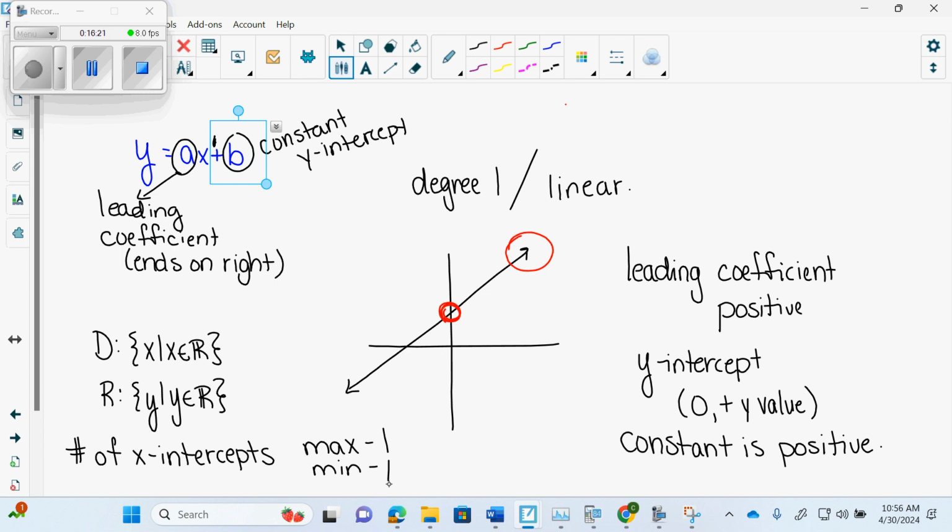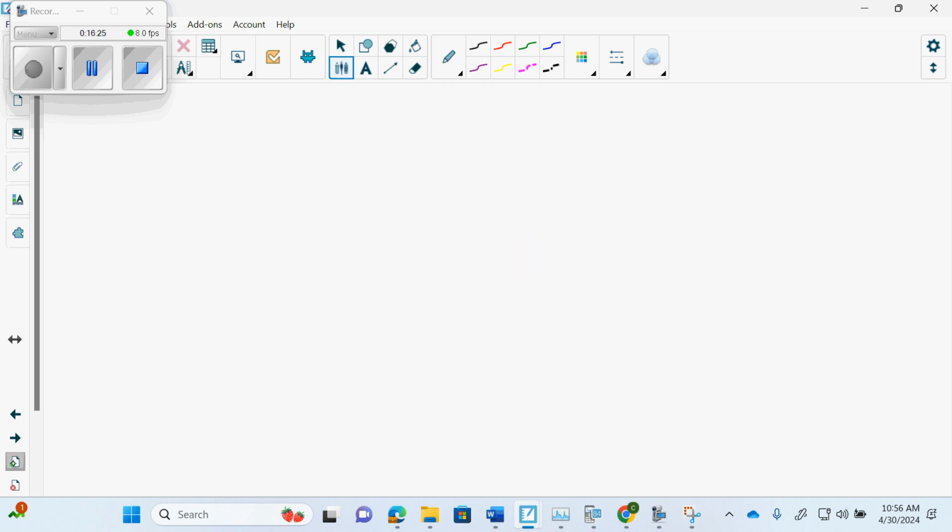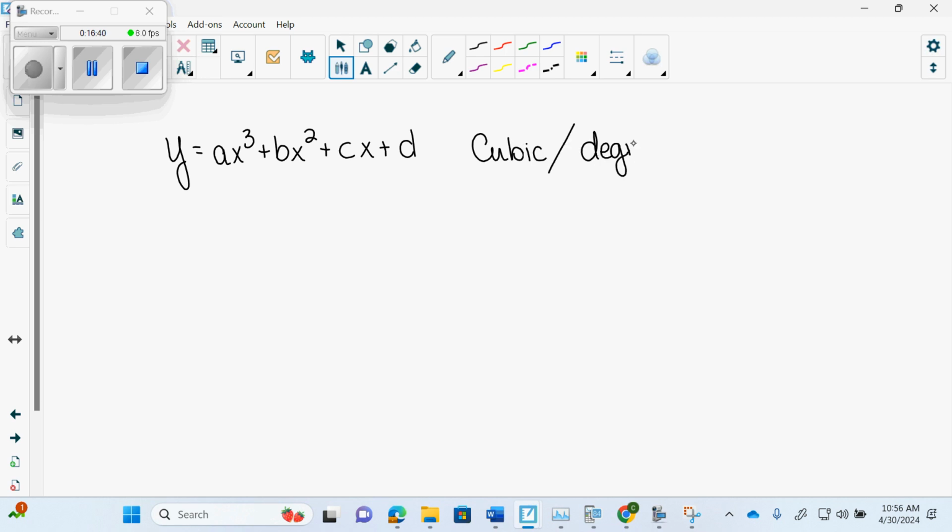And we're going to do the other odd function right away, cubic. Okay? So if we have y equals ax cubed plus bx squared plus cx plus d, this is cubic, which is degree what? Degree 3. This is my constant, which is my what?